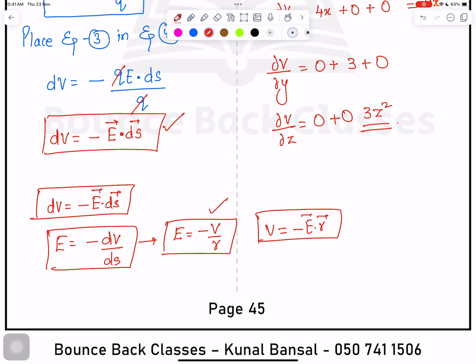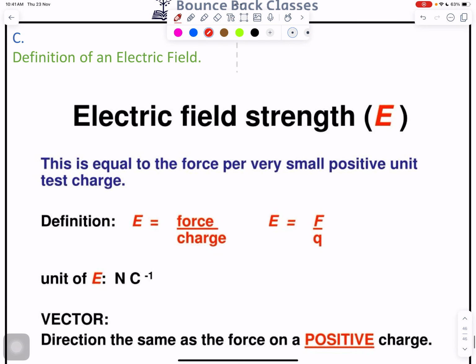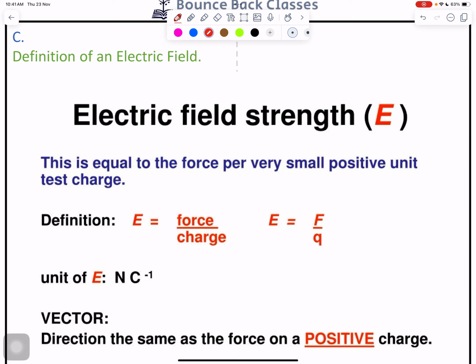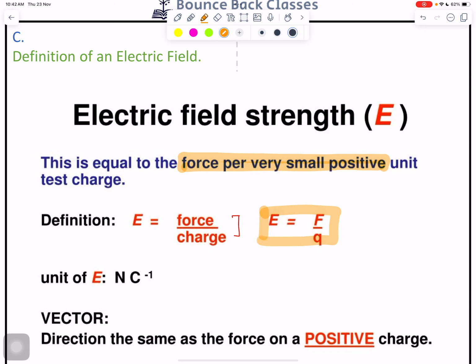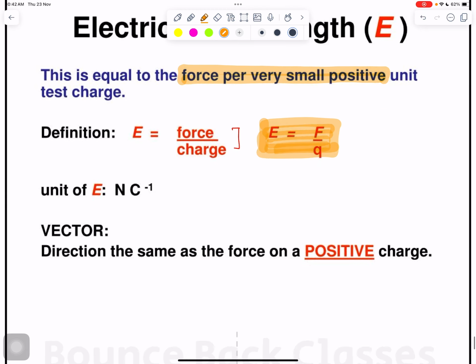Now we have the last part, that is the definition of the electric field. So what is electric field? Simple thing. Electric field is force per unit charge. Just highlight the part. You have this equation, E is equal to F divided by Q. And the unit is Newton per Coulomb.